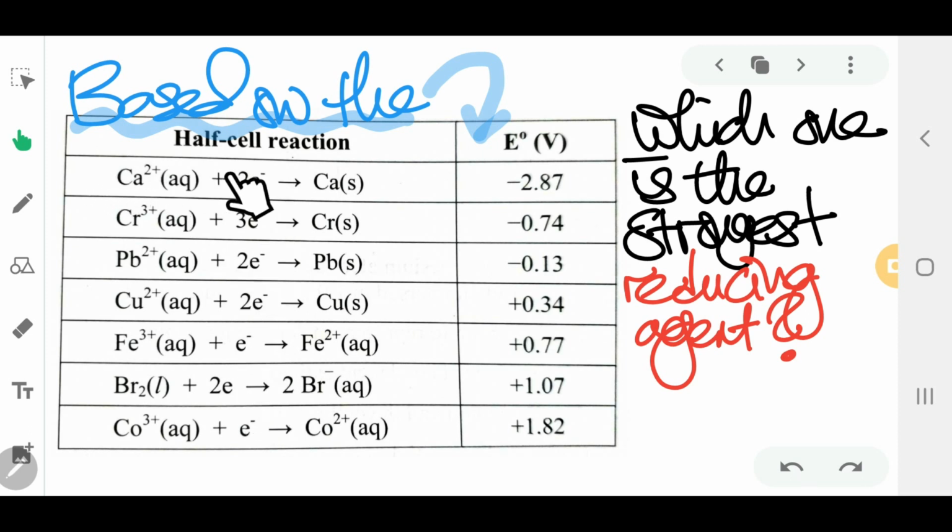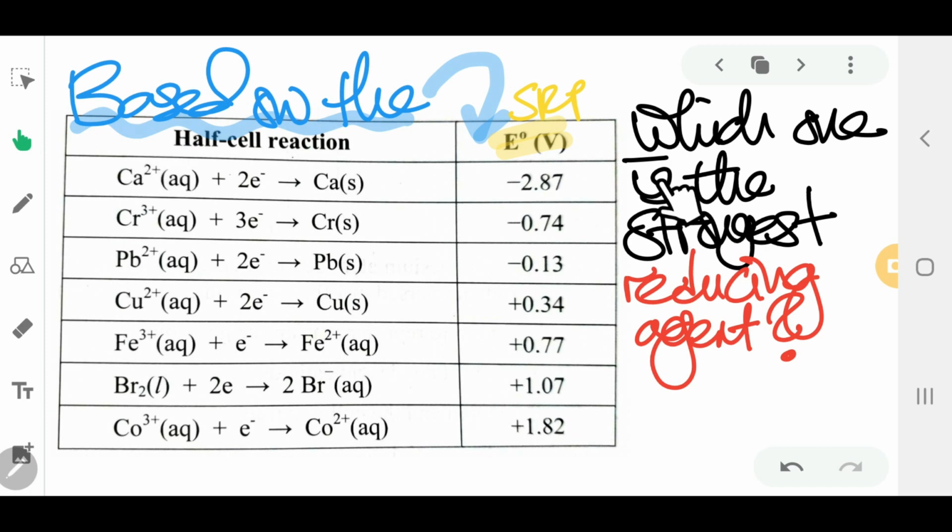Therefore, the reaction that we are seeing now on your screen is reducing. So the E0 value that you have on the right hand side of the table is the standard reduction potential value.